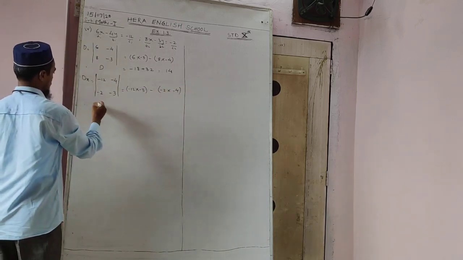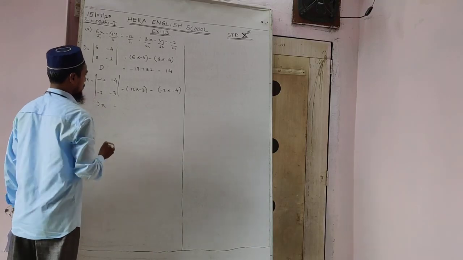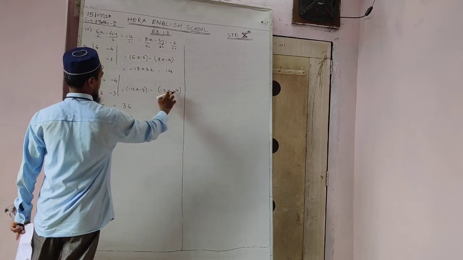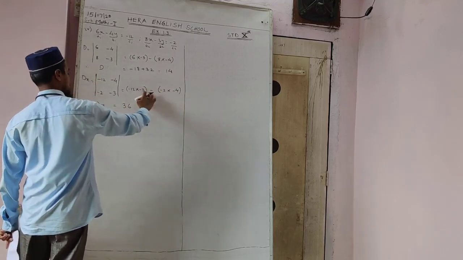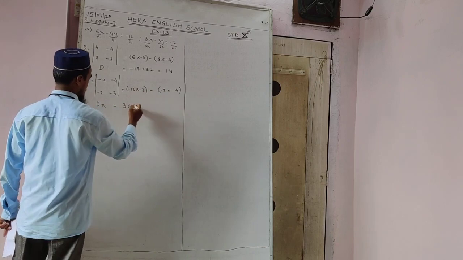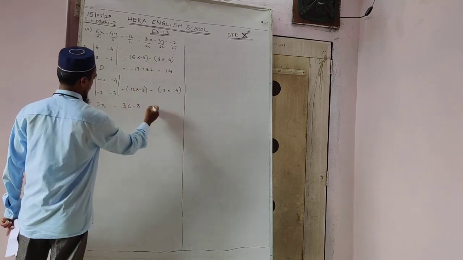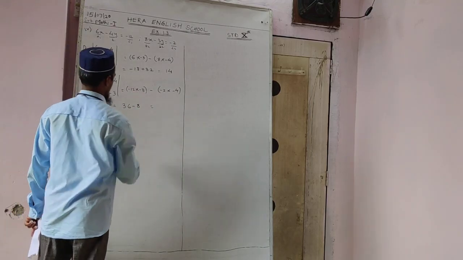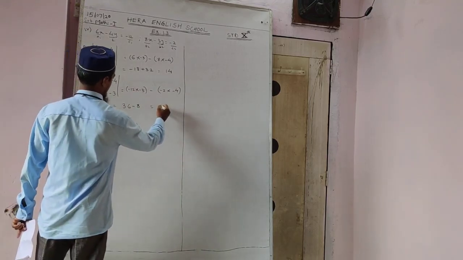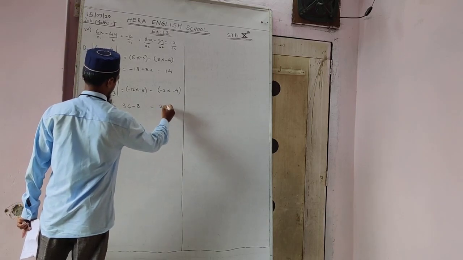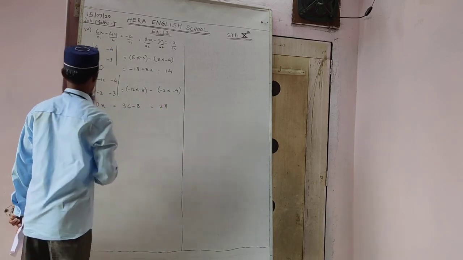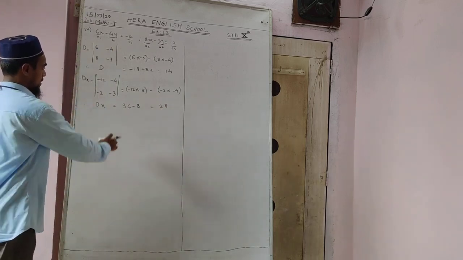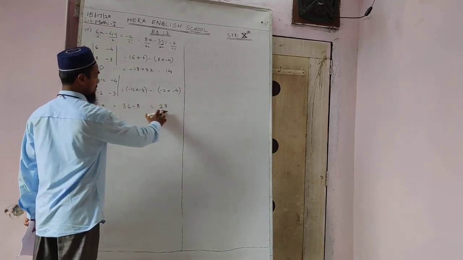Dx equals 12 times 3 is 36, plus 36, and 2 times 4 is 8, so minus 8. Subtracting, 36 minus 8 is 28. Dx is 28, and the greater number is plus, so the answer is positive.